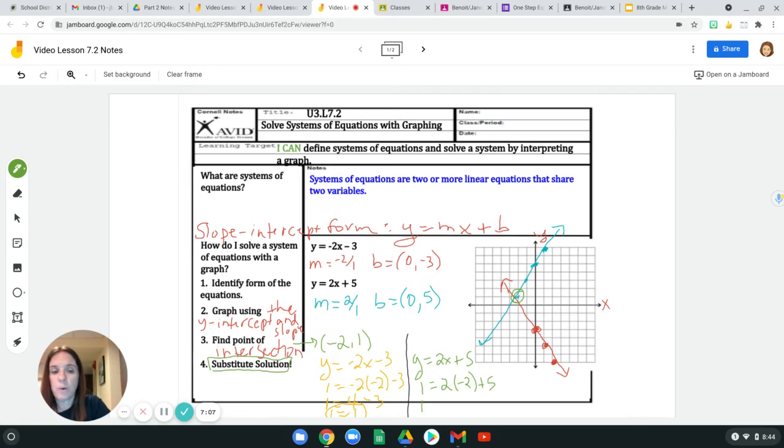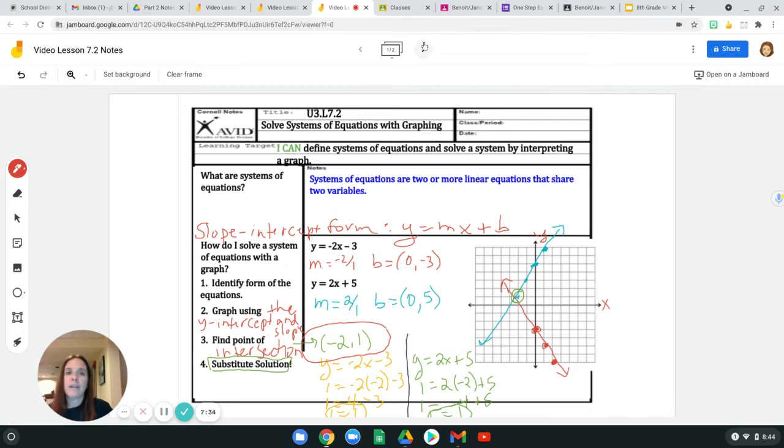Left side stays 1. 2 times -2 is -4 plus 5. And -4 plus 5 is 1. So it worked in the second linear equation in our system. So our point of intersection is -2, 1. And we can see that on the graph. We got that from building those lines.